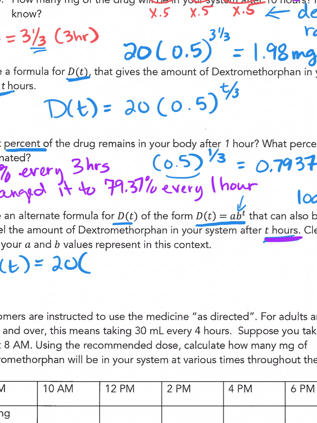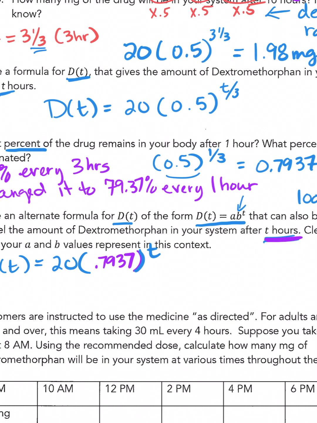So instead of putting 0.5 here, we're going to get rid of that, because that's 0.5 every 3 hours. We're going to use the 0.7937 every t hours. And so let me just write it in terms of t rather than having to say t divided by 3. Okay, are they different?